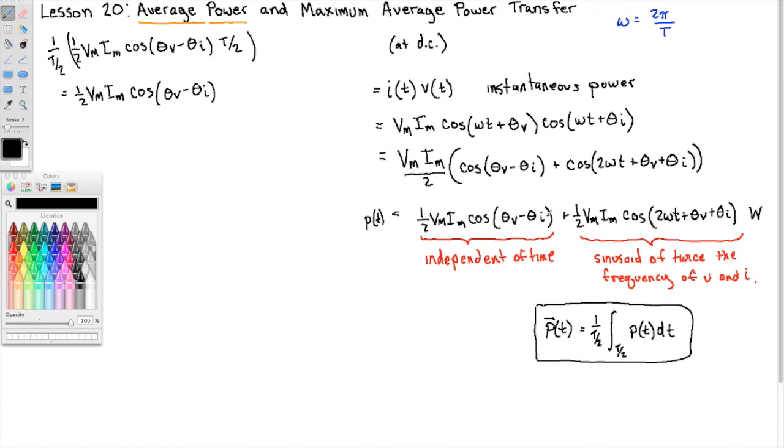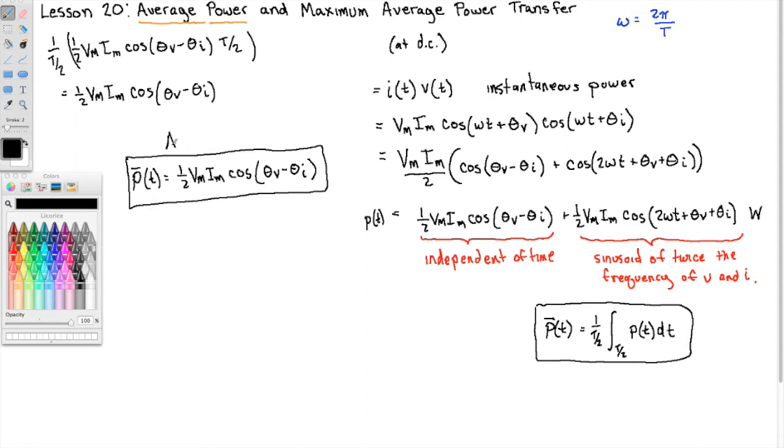You get 0, right? So the average value of this thing, p bar of t, is just this constant here. That's very nice. Okay. This is the average power.